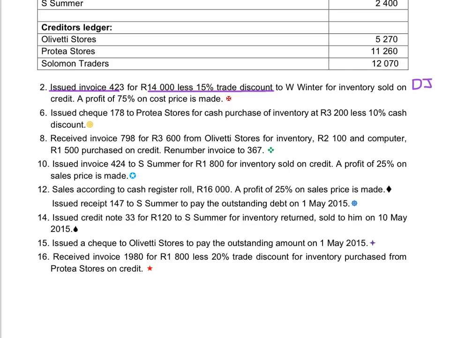When we calculate the cost price, we must remember that originally we took the cost price and we added 75% to the original cost price to determine the sales price. Therefore, although we don't receive 14,000 for the sales, the cost price must be calculated on the 14,000.